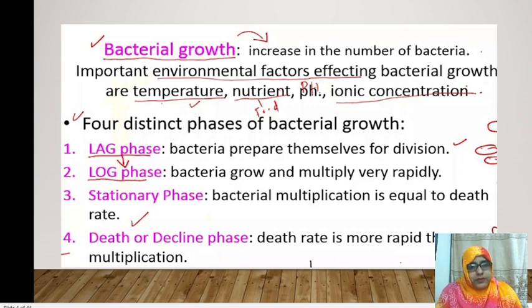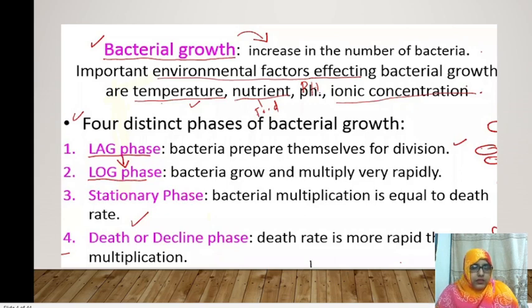There are 4 distinct phases of bacterial growth. Basically, it involves 4 different steps. The first one is the lag phase, in which bacteria prepare themselves for division. Then the log phase. Bacteria grow and multiply very rapidly. We can also say exponential phase. Bacteria exponentially rise in number, increasing very rapidly.